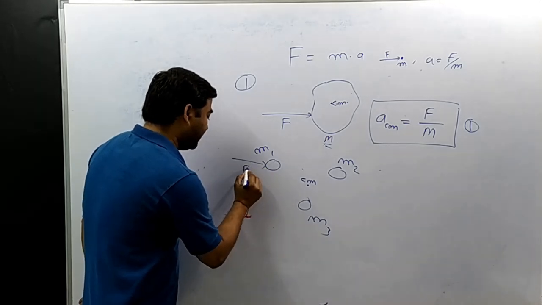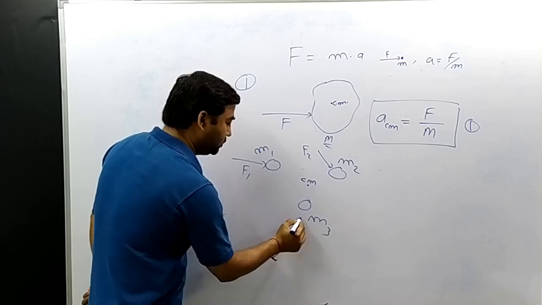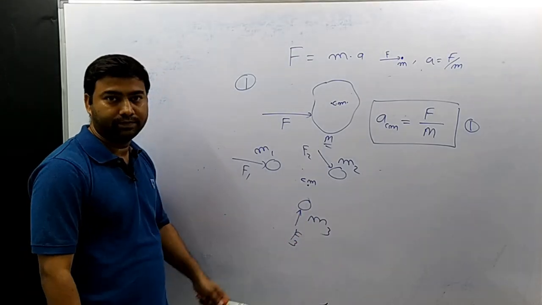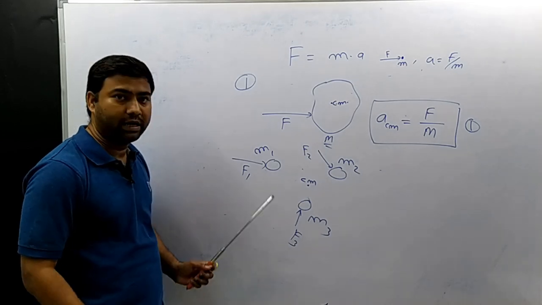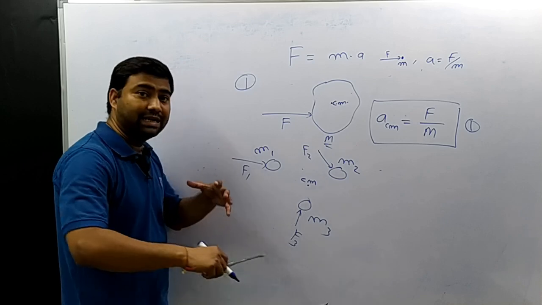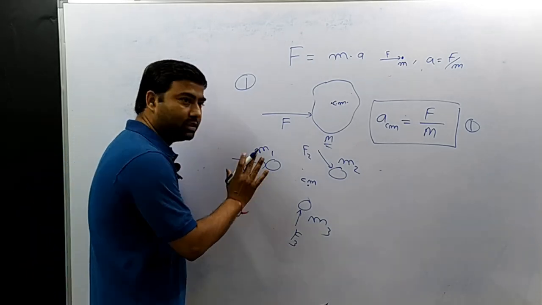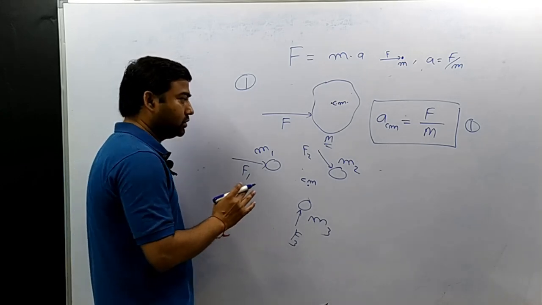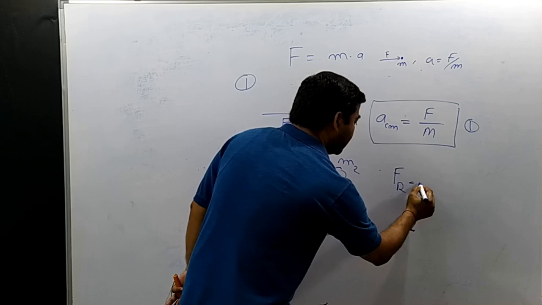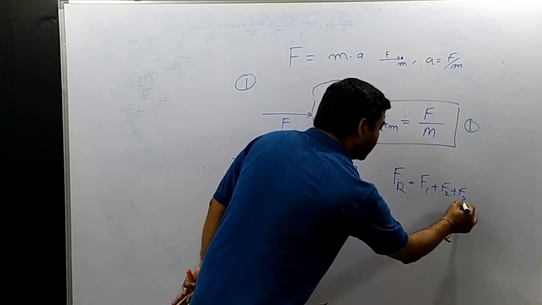If force F1 is applied on M1, F2 on M2, and F3 on M3, three forces are applied on this system. If we take M1, M2, M3 as a single system, then three forces are acting on it. So we will find F resultant, that is F1 plus F2 plus F3.